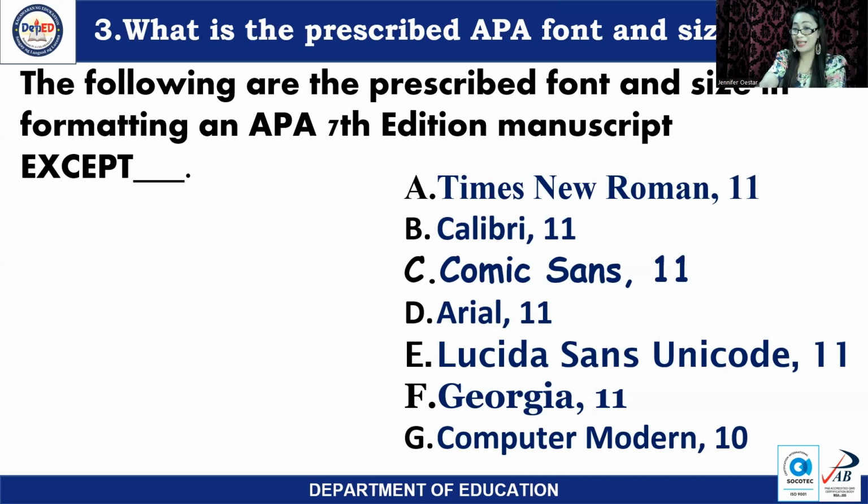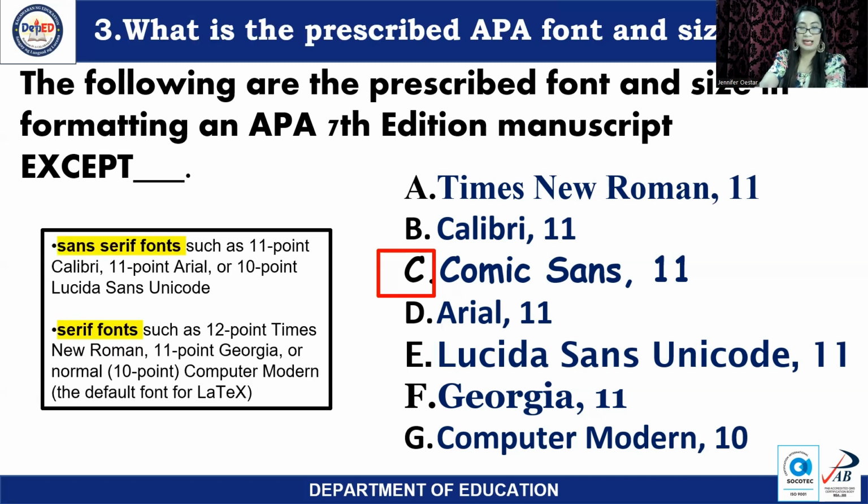The answer is, let's reveal, which is not included in the accepted font and size. Comic Sans 11. Why? Because sans serif fonts such as 11-point Calibri, 11-point Arial, or 10-point Lucida Sans Unicode are accepted since they belong to the sans serif fonts.